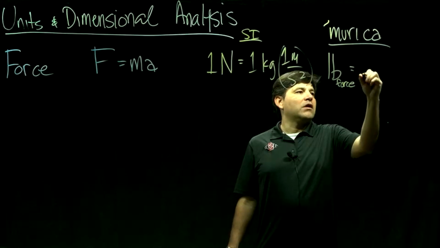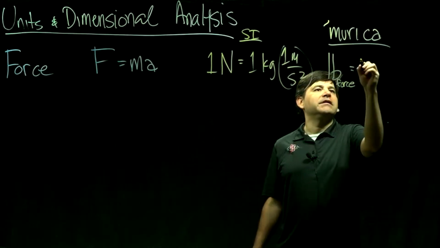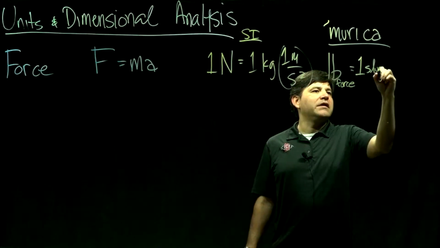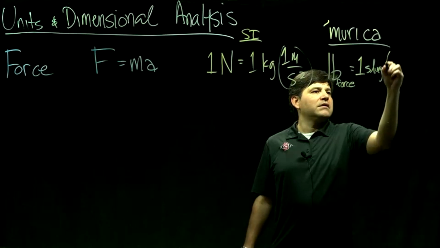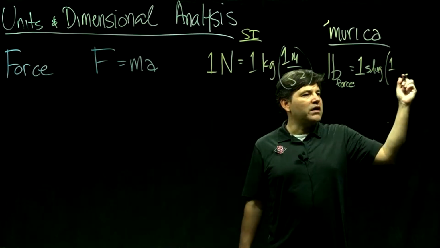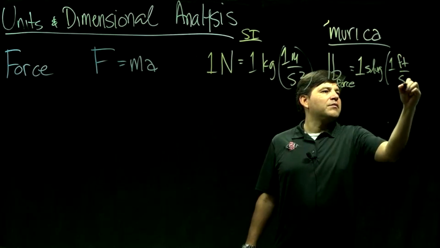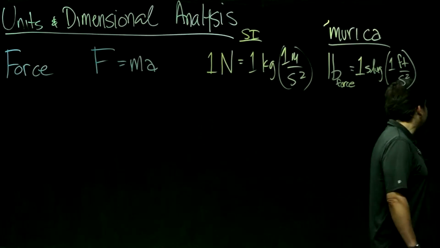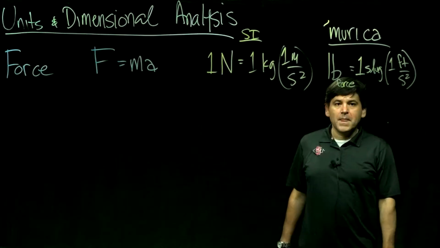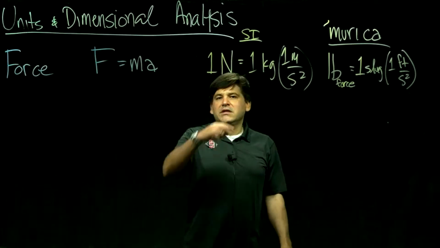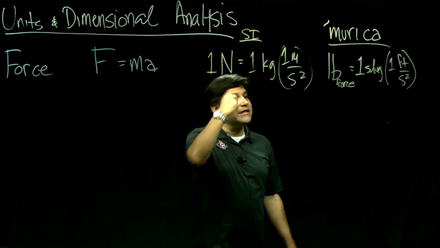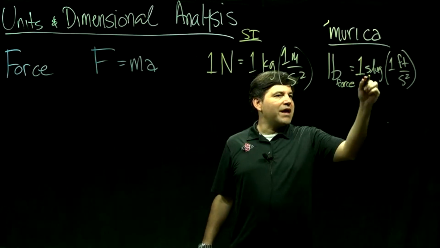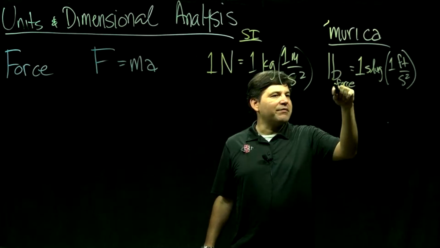And the mass that goes along with that is kind of weird. It's the slug. And 1 slug per 1 foot per second squared. That's how pound force is kind of defined. It's kind of a retrofit, actually, because the slug itself is not used that often. It's more to describe mass. It's basically tied back to force.